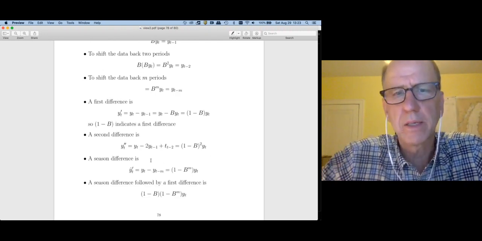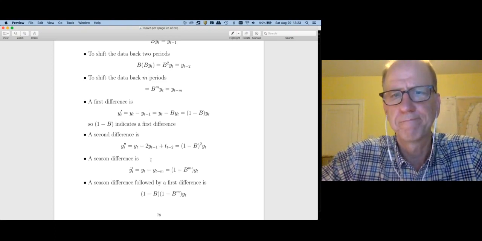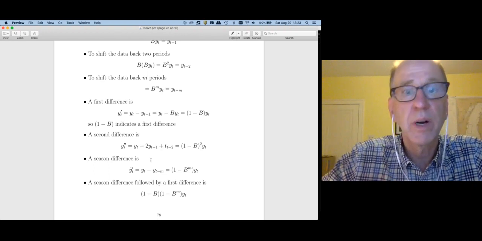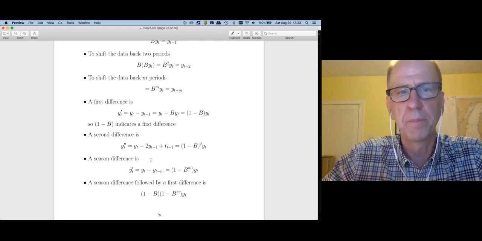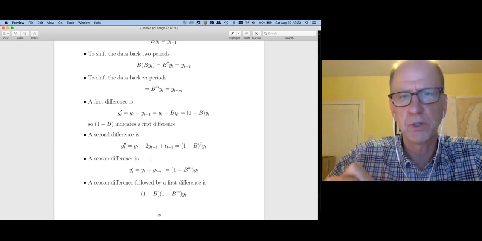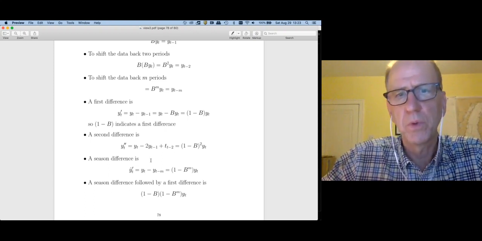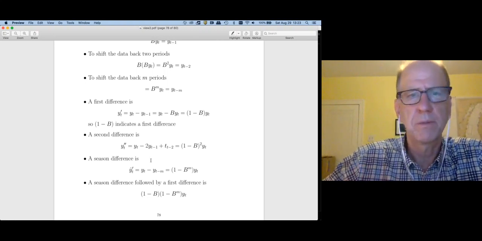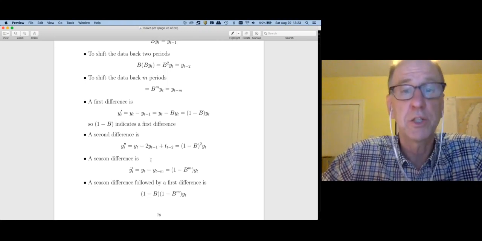Let me summarize the key points in this lecture. So first, we're going to use something called an autoregressive integrated moving average, or ARIMA model, to model autocorrelations between the observations. But in order to do so, we've got to have a stationary data set. There are several ways that we can identify a non-stationary data set.